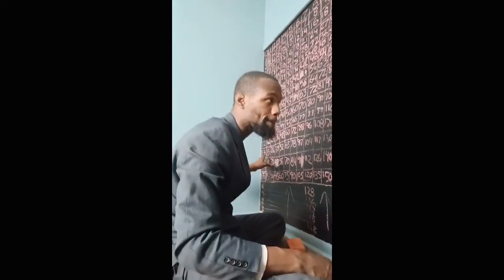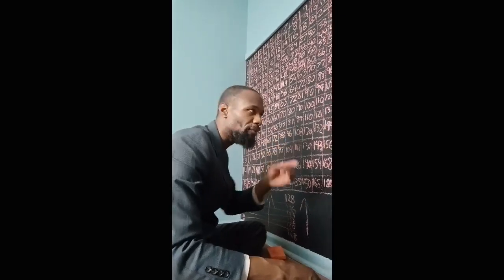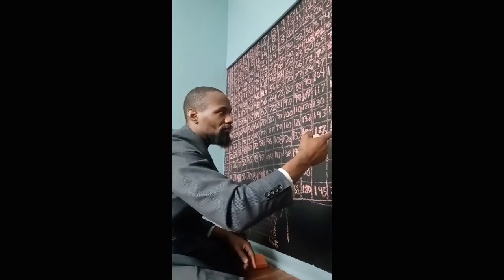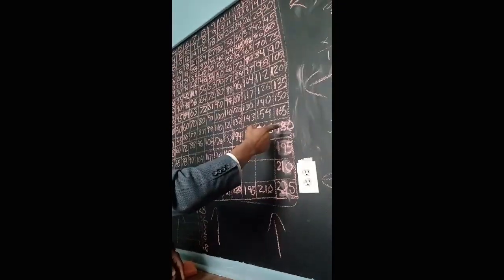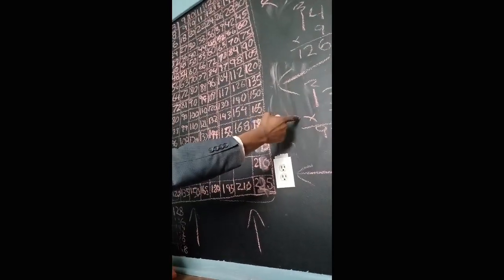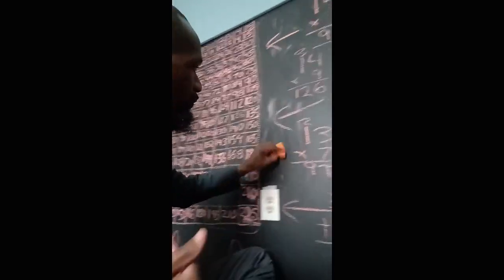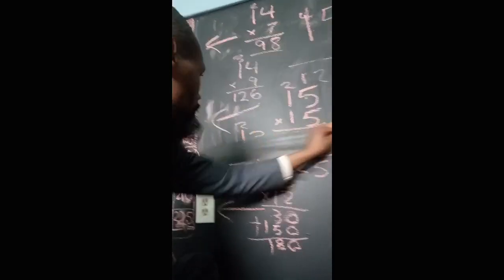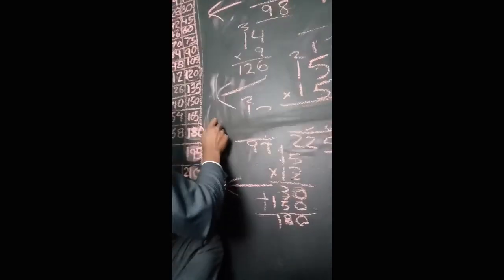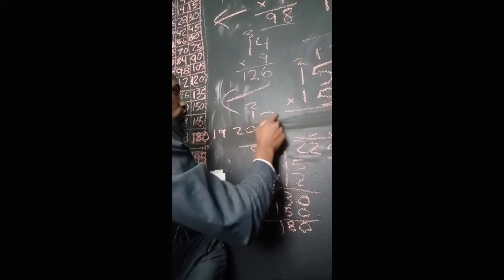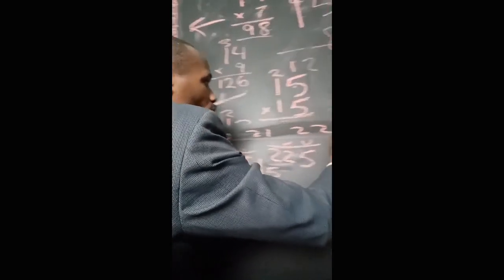Who knew? We could go on into infinity, right? We know what's next. It would be 19, 20, 21, 22, 25. You want to prove it? Let's prove it. 19, 20, 21, 22, 20.